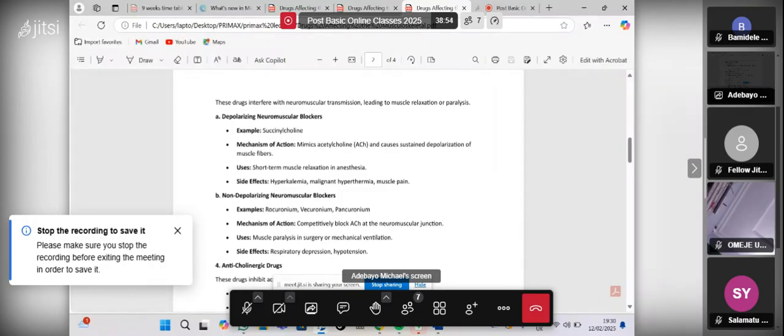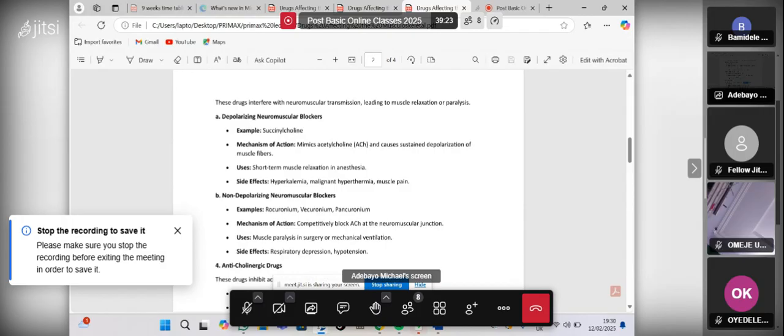Midazolam is a fast acting and short acting benzodiazepine, and it's usually sometimes addictive. Indications include seizure, anxiety, and alcohol withdrawal.